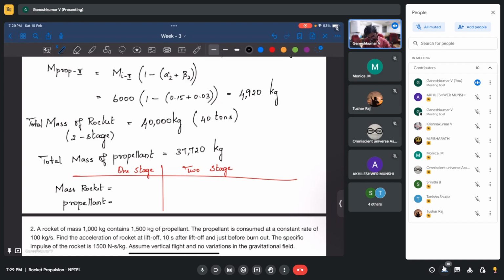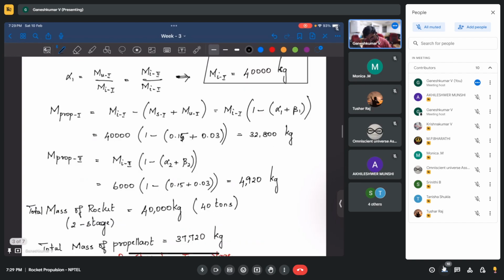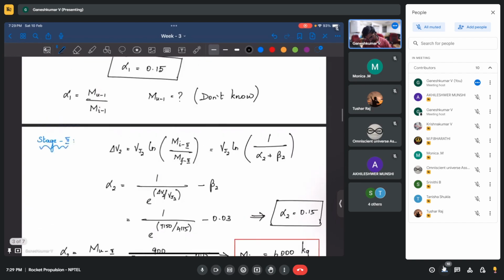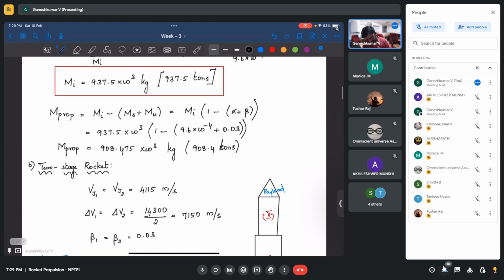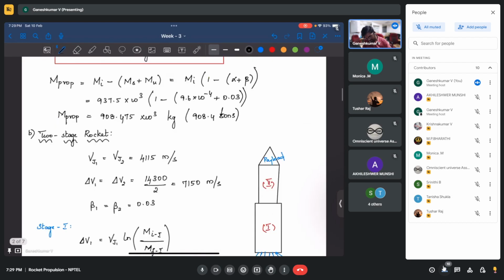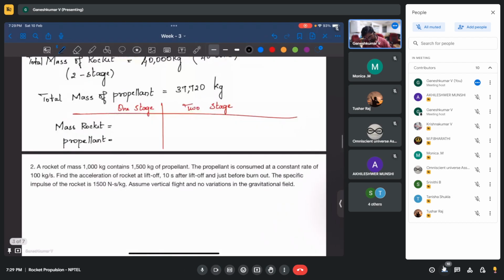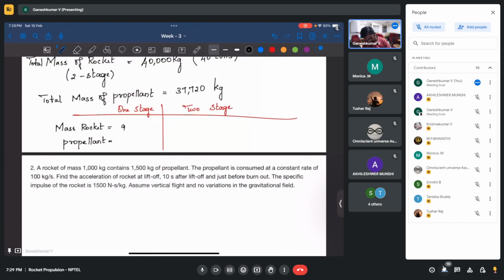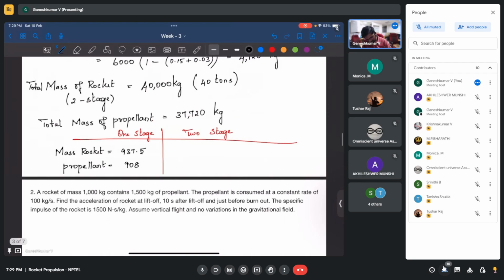Okay, so for comparison, let me write it down here. In tons, I am having 937.5 and 908 tons for the single stage, and then in two stages you have 40 tons, and in that 37.72 tons of propellant.